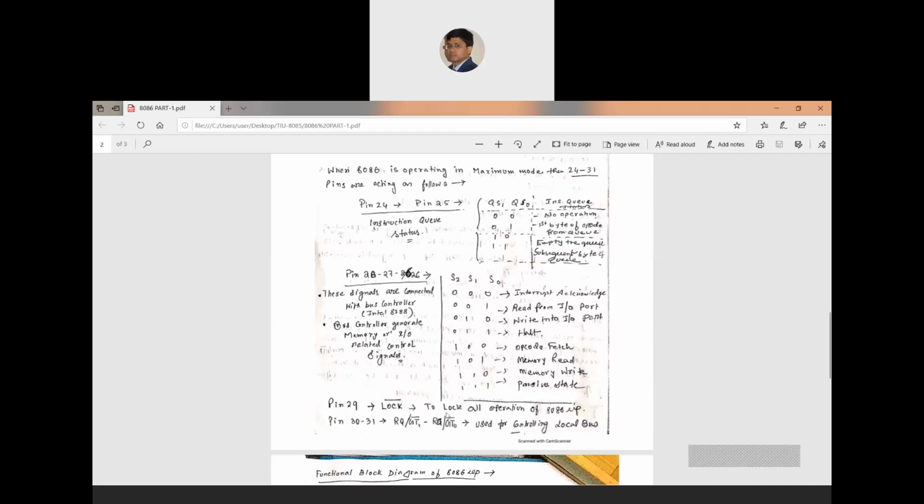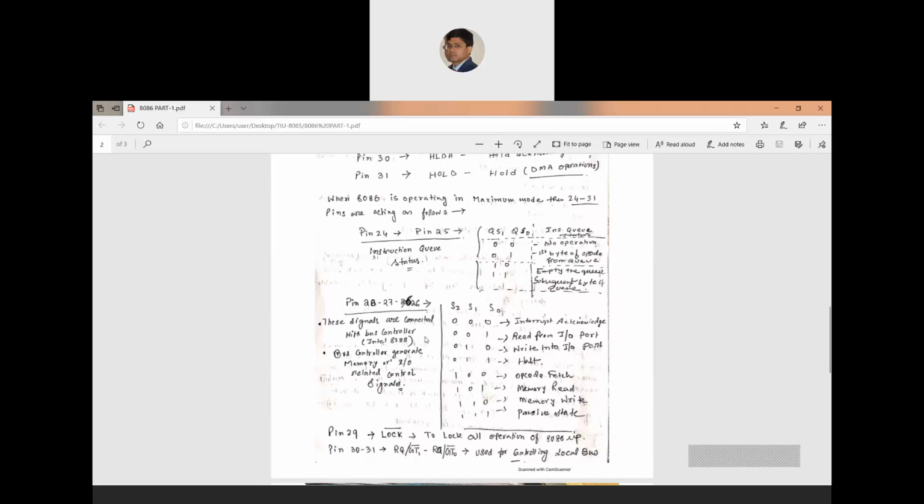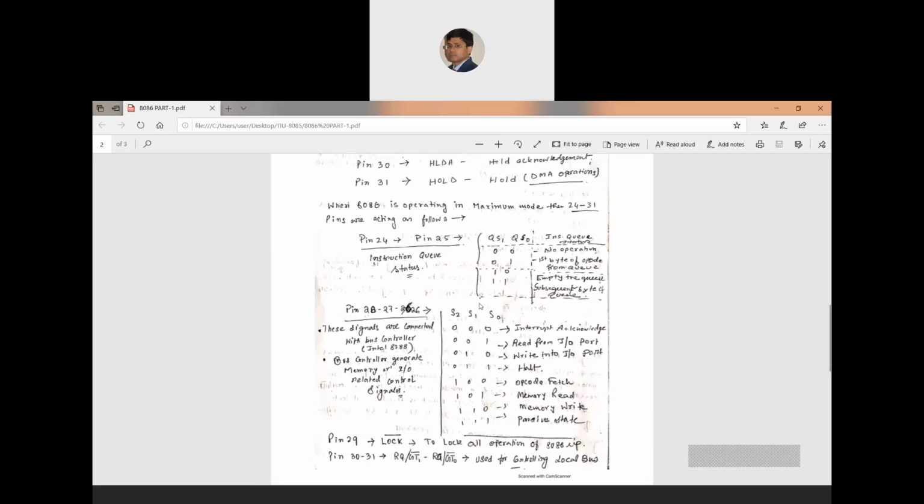So basically this is the configuration way of the maximum mode 8086 processor. These 8 pins are configured themselves in this manner when the 8086 processor is used in maximum mode, so that it can be used efficiently. Okay, so that's all for today.